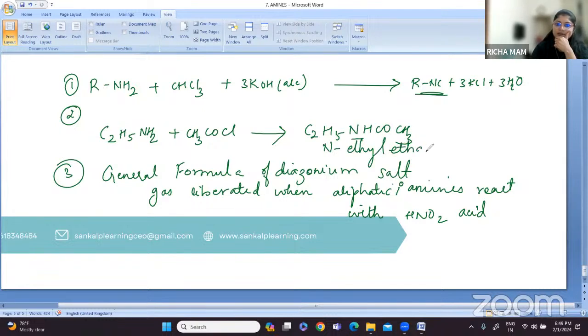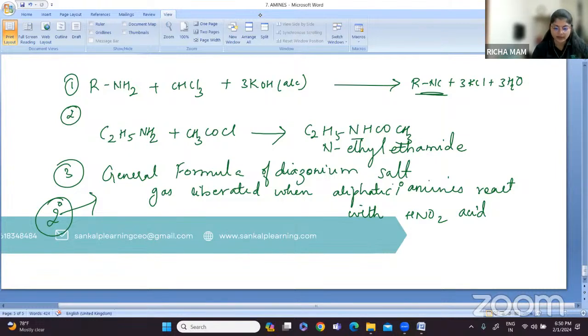Okay, next one. What is the general formula of diazonium salt, and which gas is liberated when aliphatic primary amines react with nitrous acid?